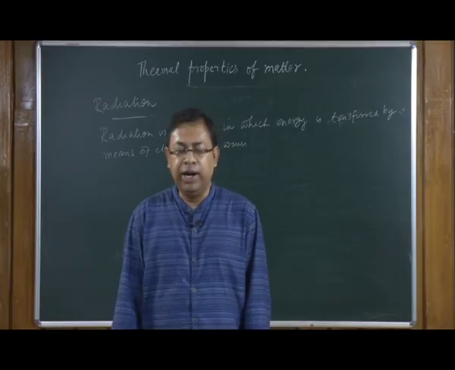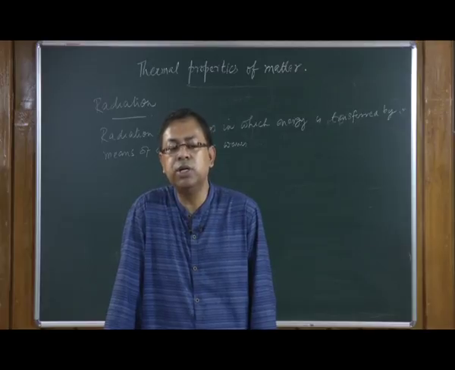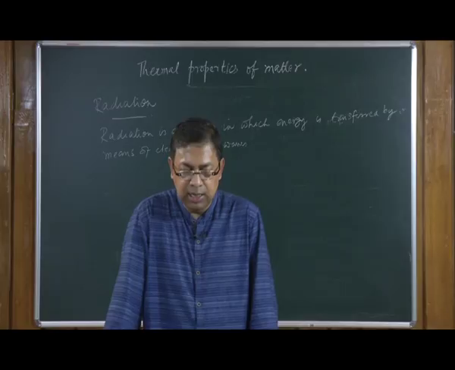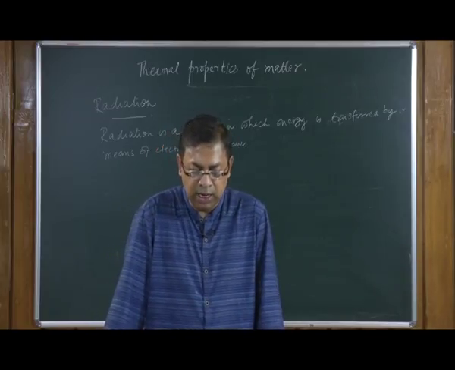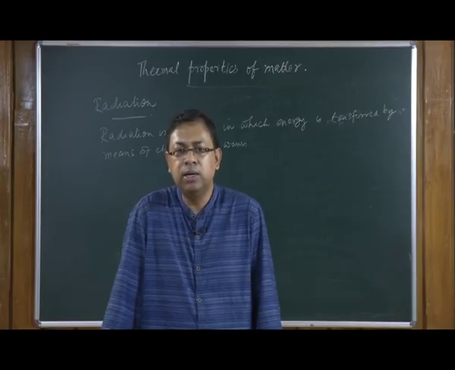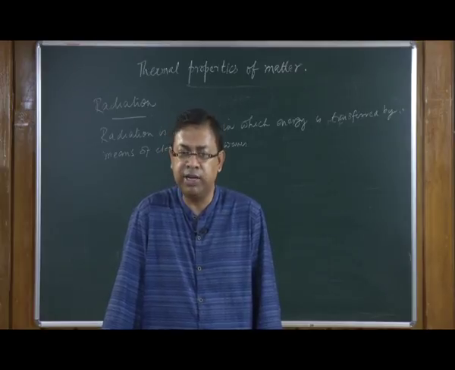Radiation emitted by a body by virtue of its temperature is called thermal radiation. When this thermal radiation falls on another body, it is either perfectly absorbed, or partially absorbed and partially reflected, or all reflected.